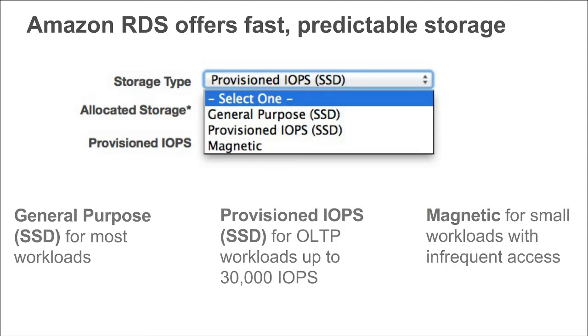Finally, you also have the choice to select magnetic, which is based on spinning disk for any workloads that require infrequent access, or maybe for running your development and test small database engines that you can easily take advantage of using magnetic disks.